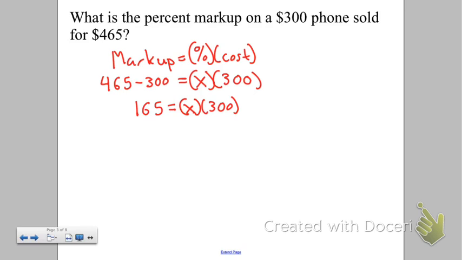If I need to determine the value of X, I can divide both sides by 300. 165 divided by 300 is 0.55 equals X. But remember, we have to turn our number into a percent, so I move my decimal 2 times to the right, and my answer becomes 55%.